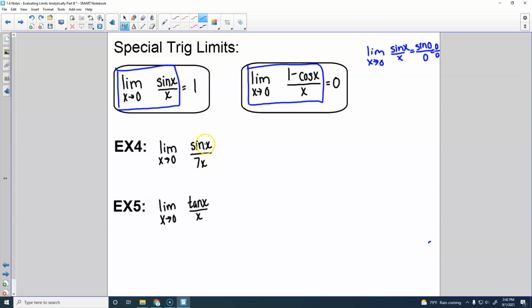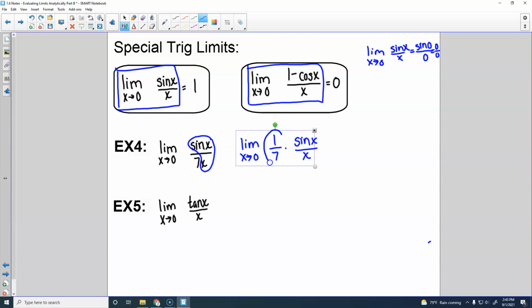So if you look right here on this first example that we have, we've got sine x over x right here. So what I want us to think about doing, is it okay for me to write it like this? Is that equivalent to sine x over 7x? Because if I were multiplying fractions, I could just multiply the top, multiply the bottom. It would give me sine x over 7x, right?